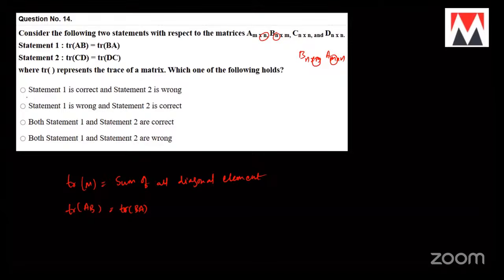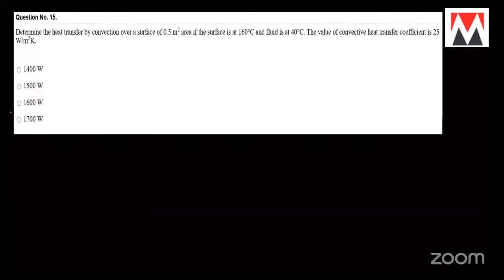So trace of AB will be equal to trace of BA if these multiplications are possible. So both the statements are correct. You can try with examples also. Take some matrices like 1 by 2 matrix or 2 by 1 matrix or 2 by 2 matrix and 3 by 3 matrix. Then you try it. Okay. Please do this question.